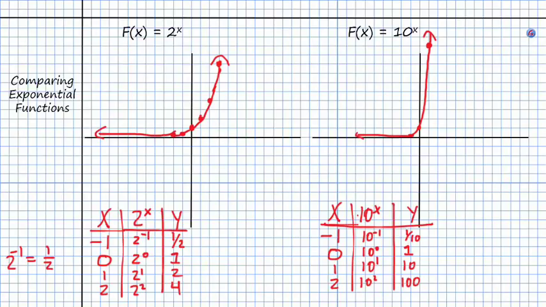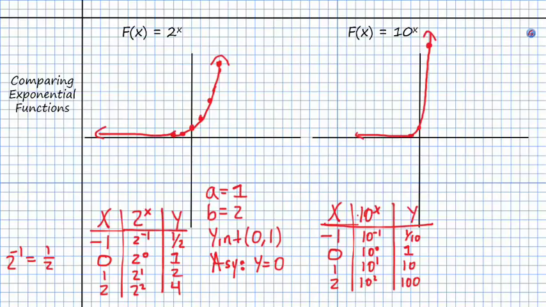So let's go ahead and list out some of the attributes here. So we have A is equal to 1, B is equal to 2. Then we have our y-intercept is at 0, 1. And then our asymptote is going to be y equals 0.